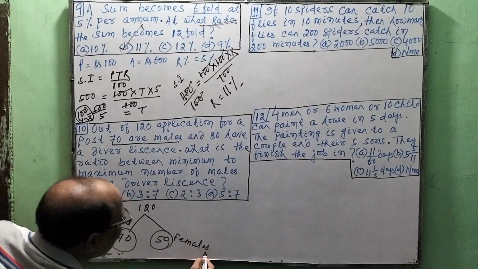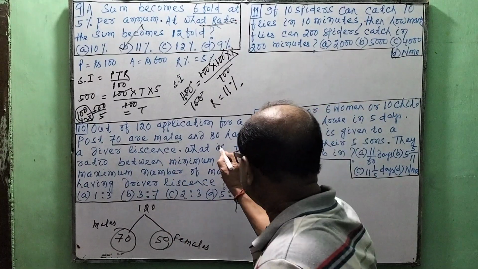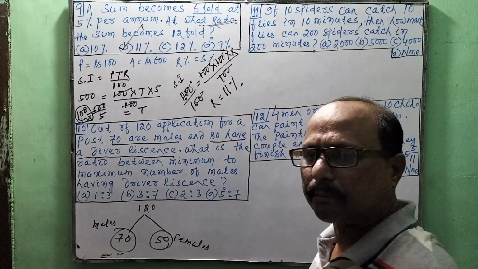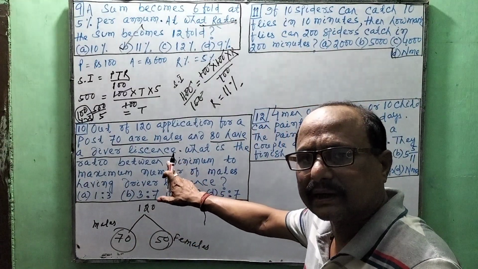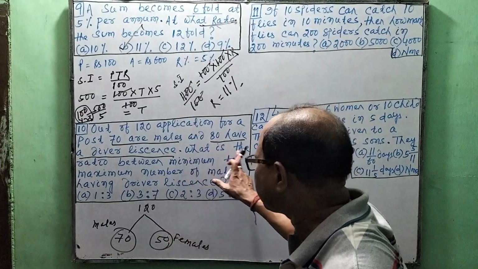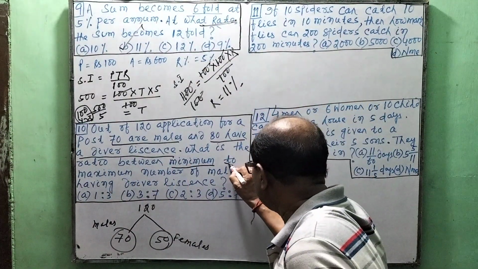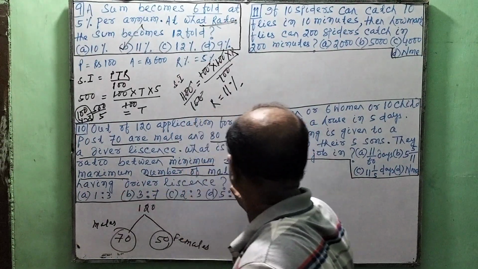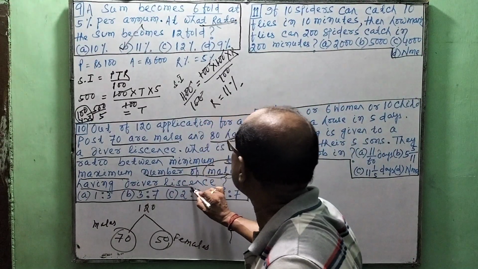But the question asked is that 80 have a driver license, but the number of males is 70. 80 have a driver license. So, what is the ratio between the minimum to maximum number of males having a driver license?